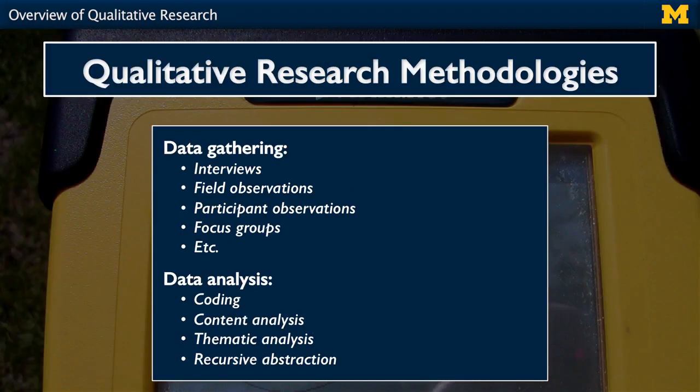Now, qualitative research is actually a very broad term for a large class of methodologies. They sometimes involve interviews, different kinds of observations. You might have heard of focus groups and so forth. And then there are also different kinds of data analysis methodologies that involve coding interview transcripts, doing various kinds of analysis on the content, and so on.